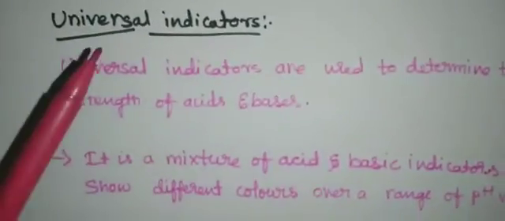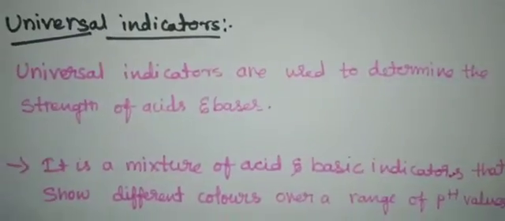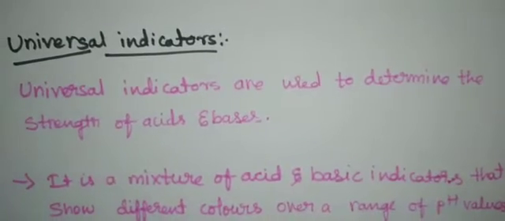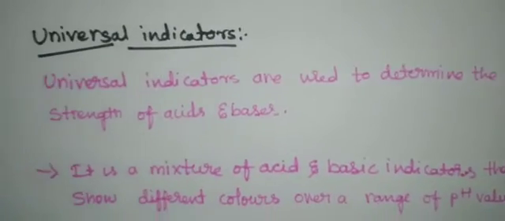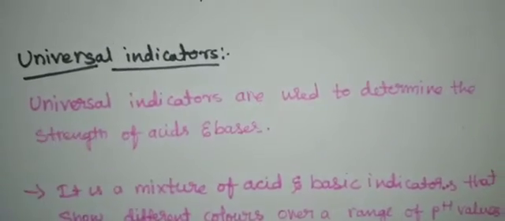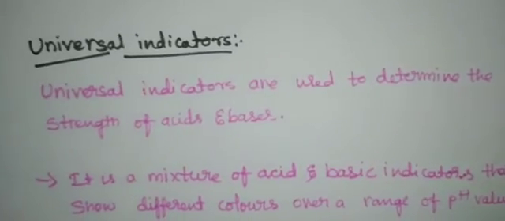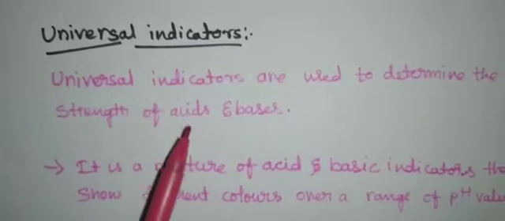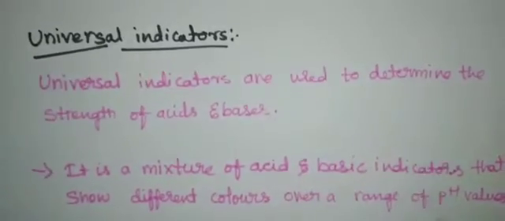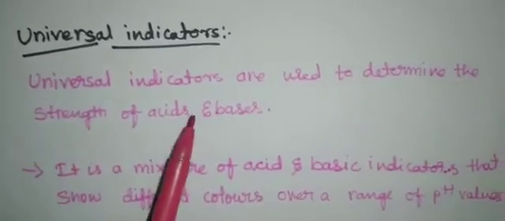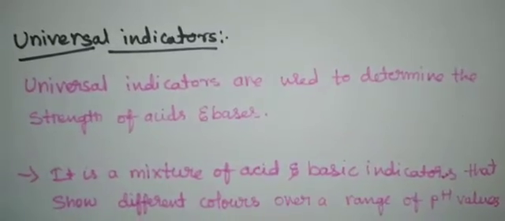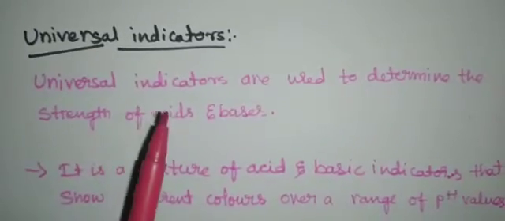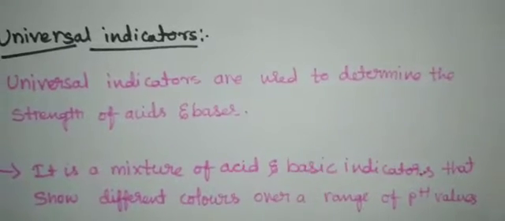Next are universal indicators. What are these universal indicators? Till now we have studied synthetic and natural indicators. Universal indicators are used to determine the strength of acids and bases. Strength means how much acidic it is, how much basic it is.